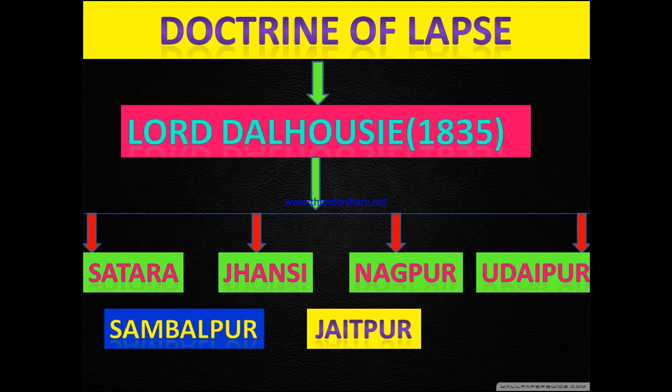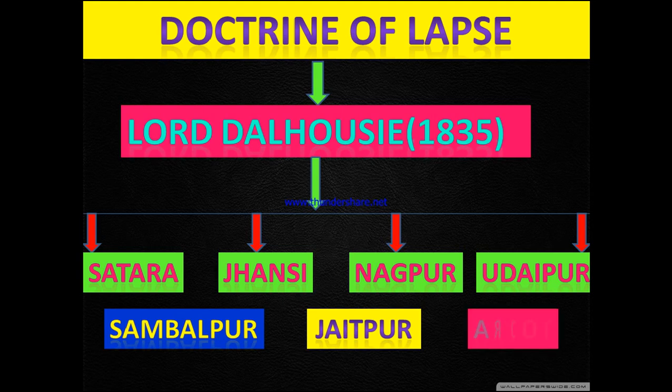Many other small independent kingdoms were also occupied according to the doctrine of lapse, because all these rulers did not have male children as successors. Because of that reason, all these kingdoms came under the control of the East India Company.